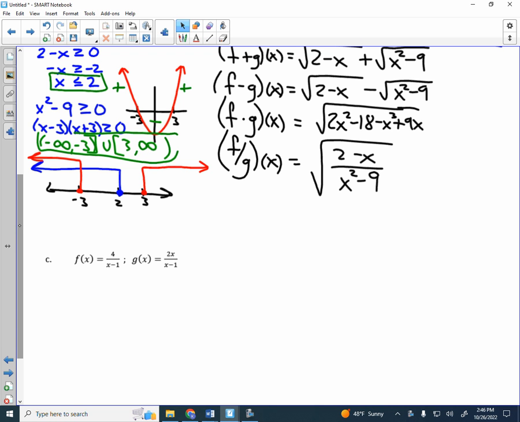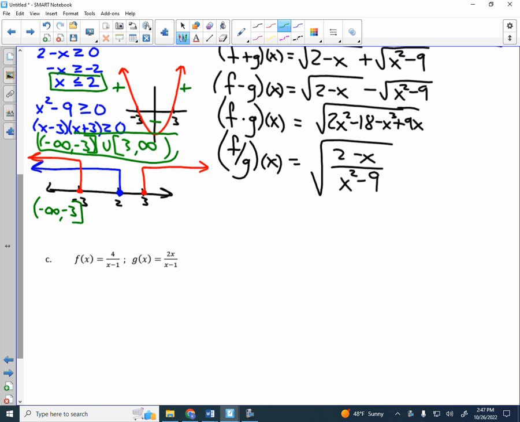Close, but not quite. Let's think about it this way. Are both the graphs here? No. Are both the graphs here? No. Are they both here? No, you only have the blue one right here, right? Are both of them here? Yes. So because they're both here, you can see it's from negative infinity to negative 3.